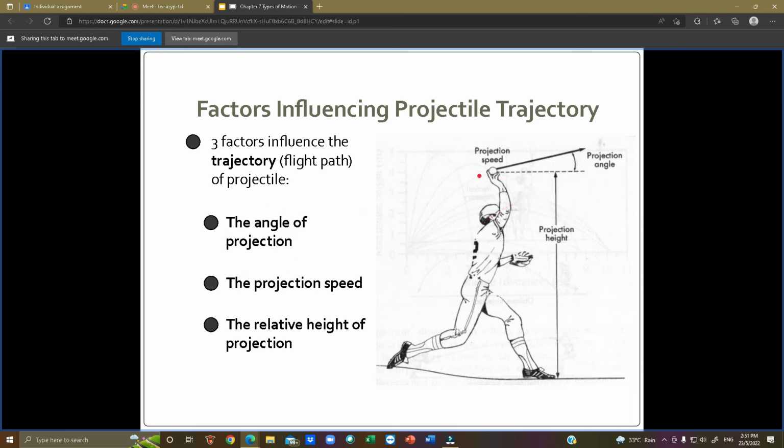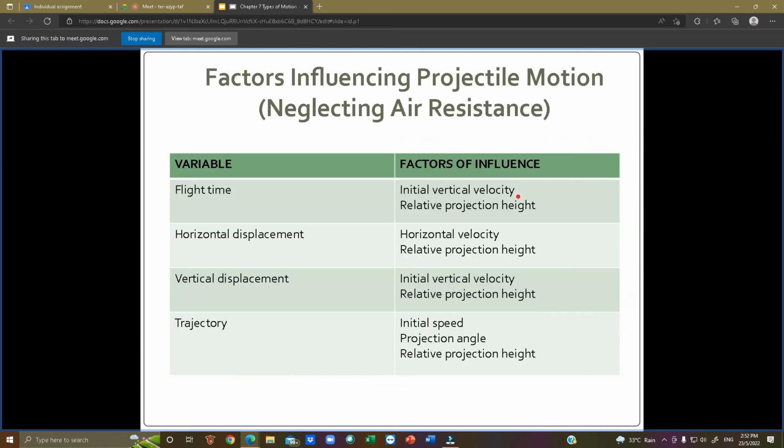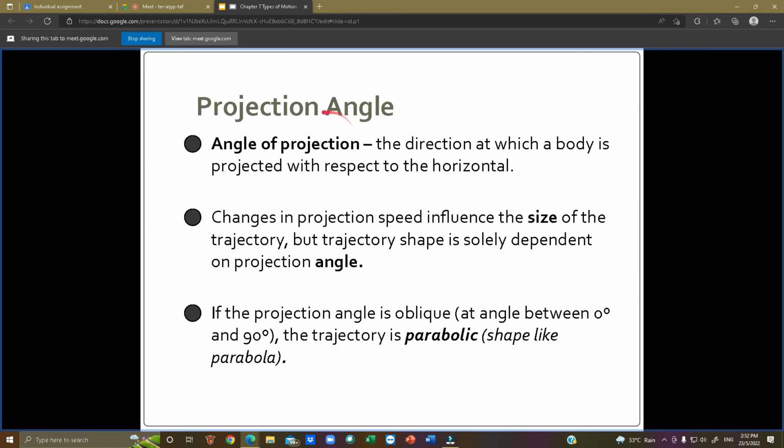Projection speed, what is the initial speed of the projectile, and the relative projection height, the height between start and end point of the projection. Okay, so kita tengok ni. Okay, this is angle of projection. Direction at which a body is projected. Change in projection speed infers the size of trajectory, but trajectory shape is solely dependent on angle.